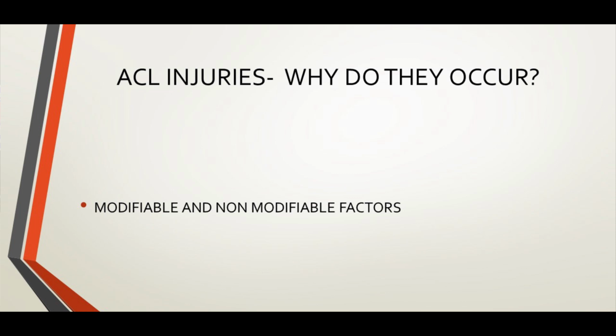So if we talk about the modifiable and non-modifiable factors, let's come back out here again. ACL injuries are fairly widespread, but if we split them into modifiable and non-modifiable factors, the modifiable factors are important to know because for someone who's at risk, we can make more special consideration in our training for them.